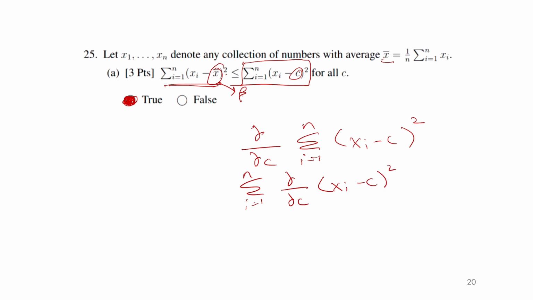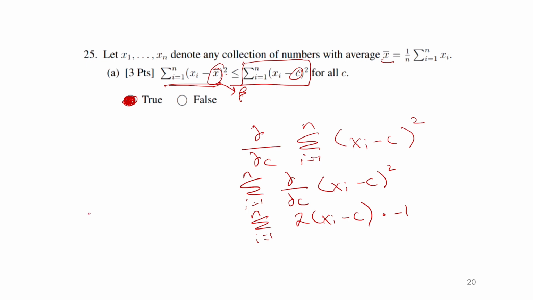Okay, and we have that this is a sum from i equals 1 to n of 2(xi minus c). Then we multiply by -1 because we take the derivative of xi minus c, which is -1. Now we can split up some terms. I'm going to move the -1 on the outside for a second.